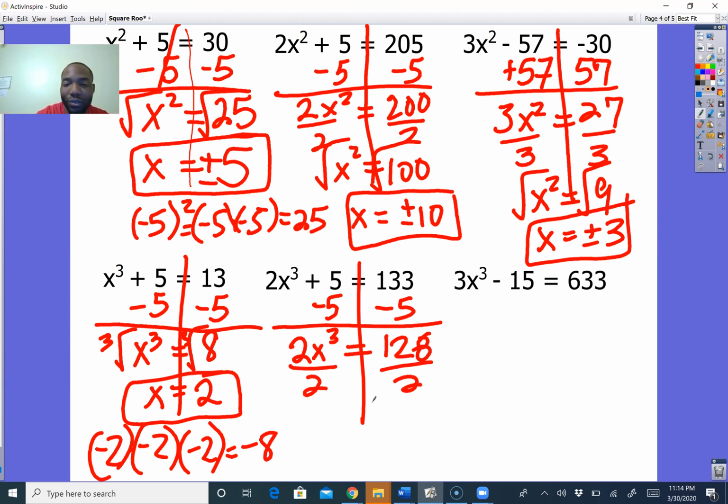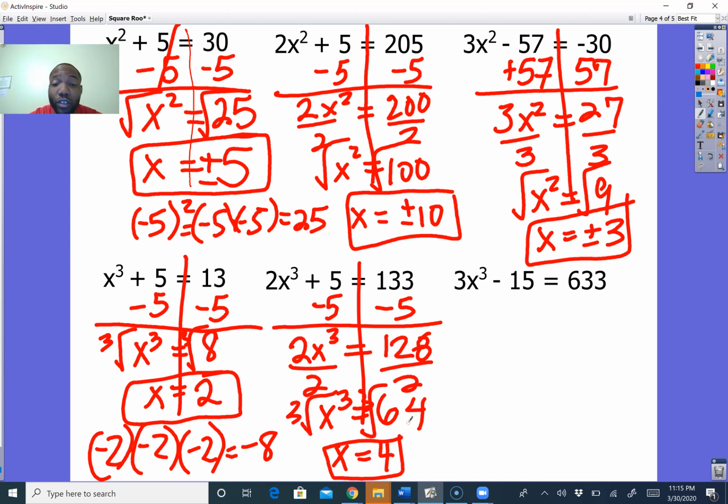We get x cubed is equal to what? 64. Take the cube root. This is getting messy. x is equal to 4. Is it negative 4? No, because negative 4 cubed is not a positive 64. So negative times a negative, which is a positive, times another negative, which is a negative. Can't happen.